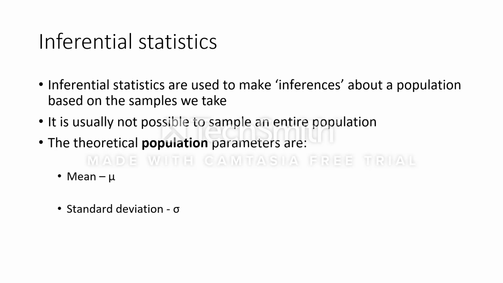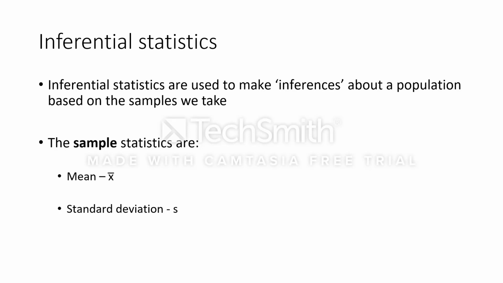Out of all of the adults that live in the United Kingdom, there must be a mean height and a standard deviation associated with that. But these are just theoretical parameters because in reality, we're never going to know exactly what the mean for an entire population is.